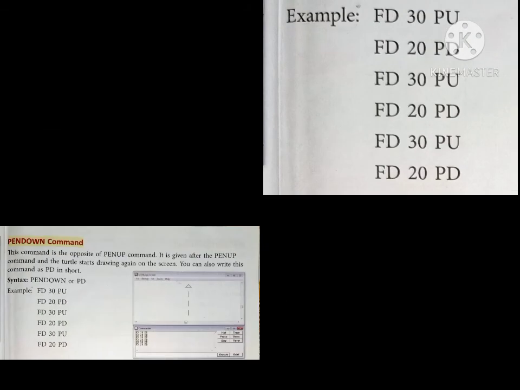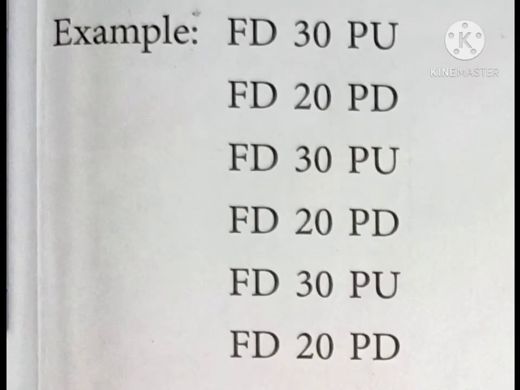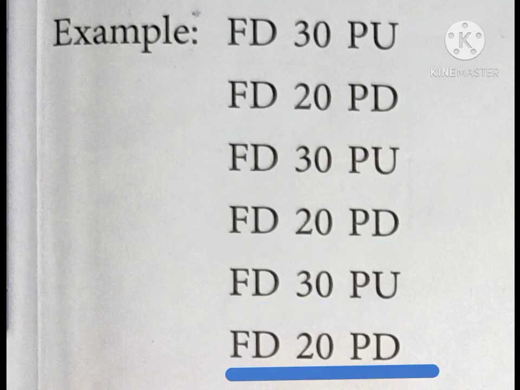As in this example, it is given FD 30 PU, that means pen up. Pen up means it will not draw anything but it will just move. Then FD 20 PD, that means it will again start drawing. Then again FD 30 PU, FD 20 PD, FD 30 PU, FD 20 PD.